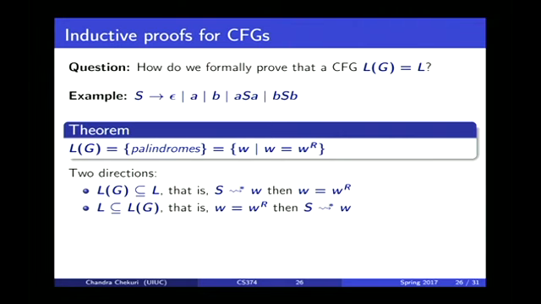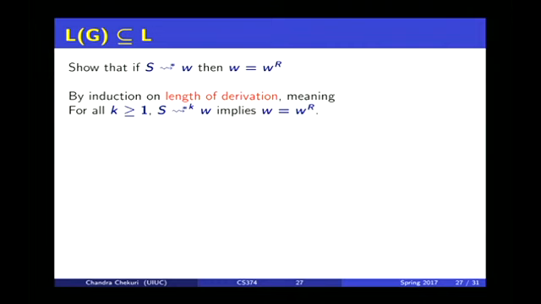I will not do it fully, but the two directions have different proofs based on induction. So what is one direction? I want to prove that everything my grammar generates is in the language that I care about. In this case, I want to make sure that if S generates a string W, then W is in the language, meaning W equals the reverse of W. How do I prove this?